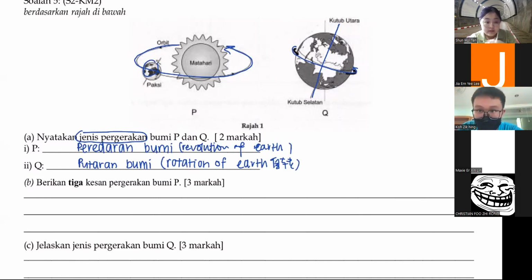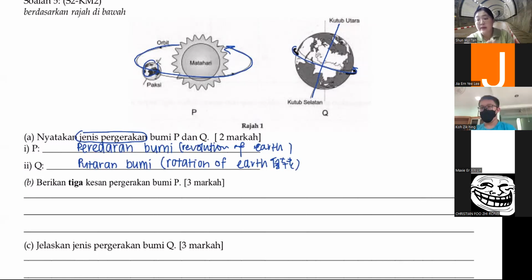Now, here, this is the first thing, you need to differentiate these two things. Revolution, rotating, revolving around the sun. Okay, moving around the sun. We call it peredaran bumi.